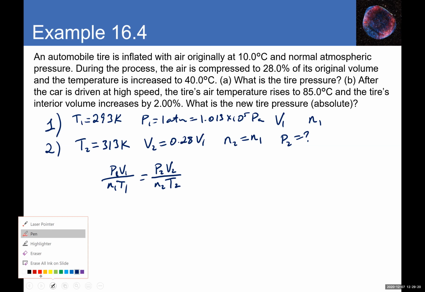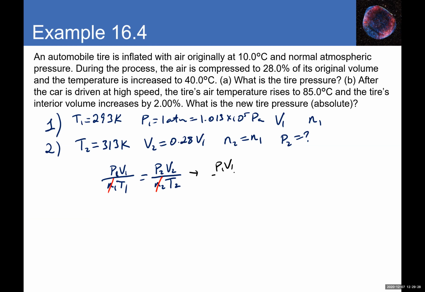The number of moles is the same before and after, so I can cancel them. So what I end up with is P1 V1 over T1 equals P2 V2 over T2. V2 I can come back and say is 0.28 V1, which will allow me to cancel that V1 as well. And then we'll just rearrange and solve for P2.